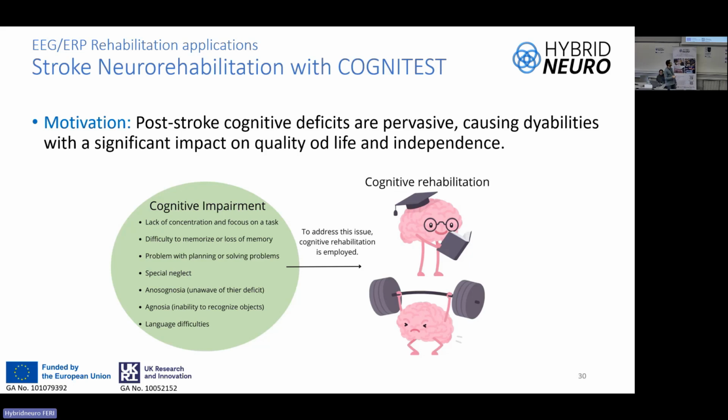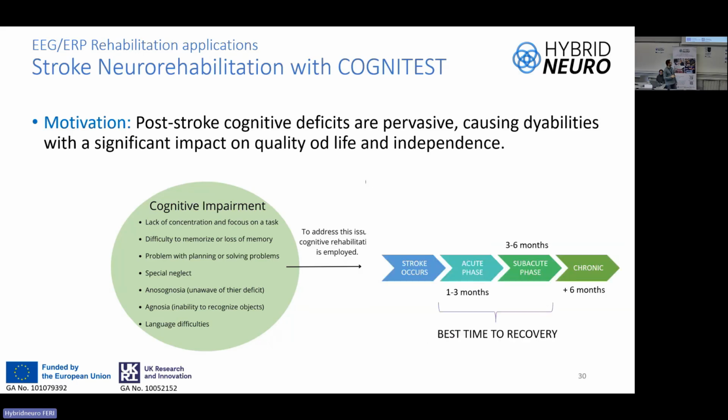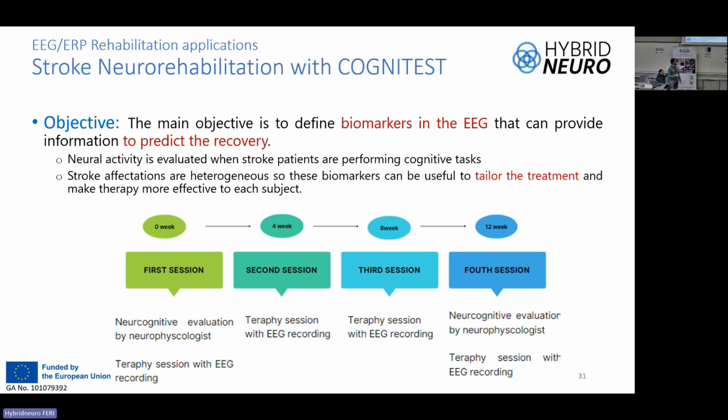So the motivation of this study is to perform a cognitive rehabilitation in order to try to improve the quality of life of these patients. Regarding the phases of the stroke, the acute phase and subacute phase is the best time for recovery, and this is the time where this project focuses.